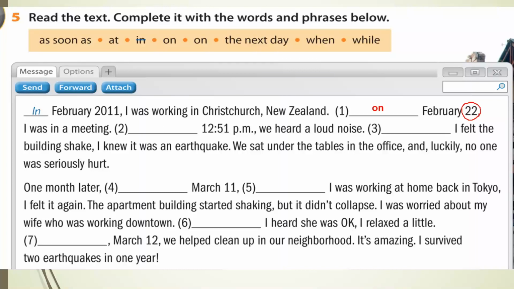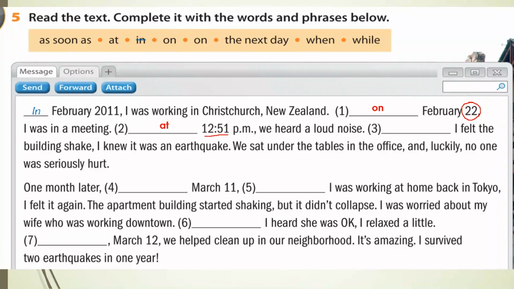So let's keep going. I was in a meeting, and then I have here a time. When I use time, the preposition that I'm using is at, always at, 12:51 p.m. We heard a loud noise. Number 3, I felt the building shaking.